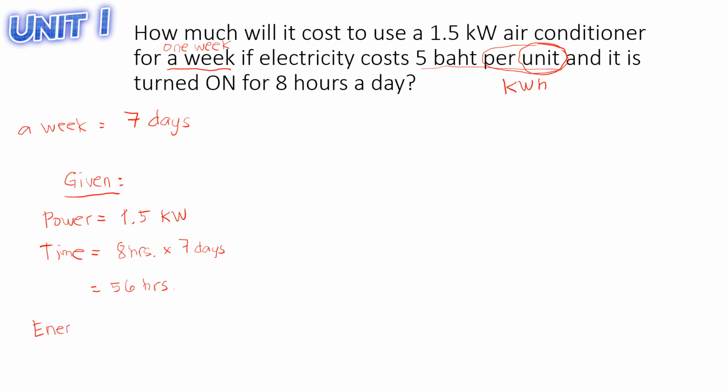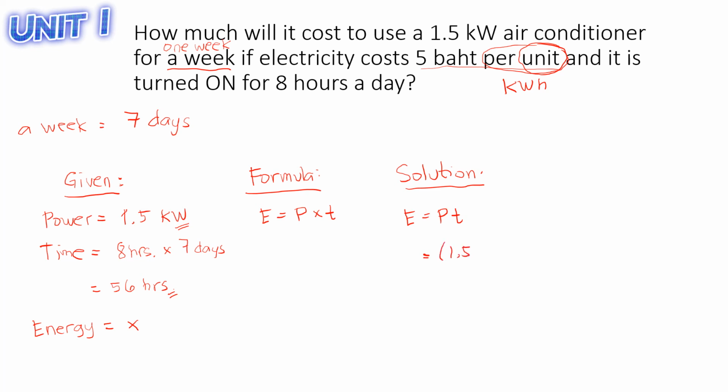And the value of energy we don't know. Looking at the given, we are going to solve the problem using kilowatt and hour. So our formula is energy is equal to power multiplied by time. Our solution: power is 1.5 multiplied by 56, and you will get 84 kilowatt hour.